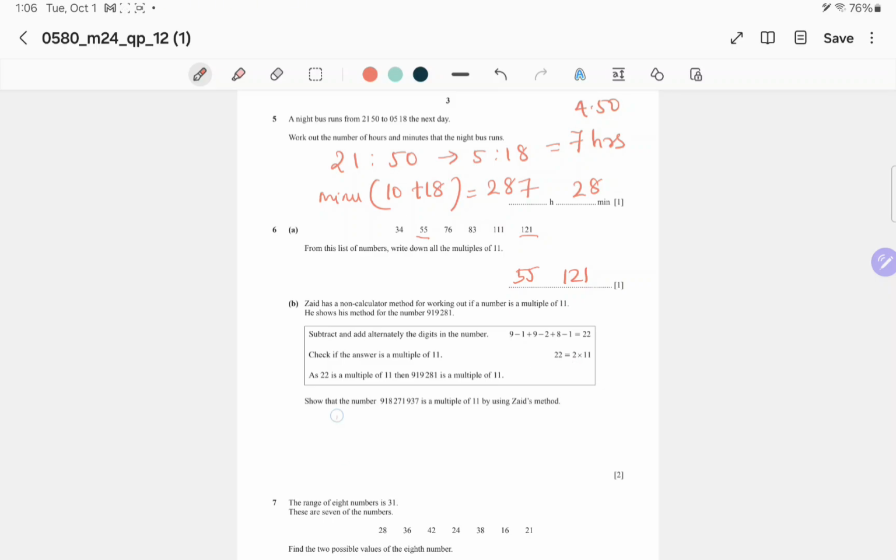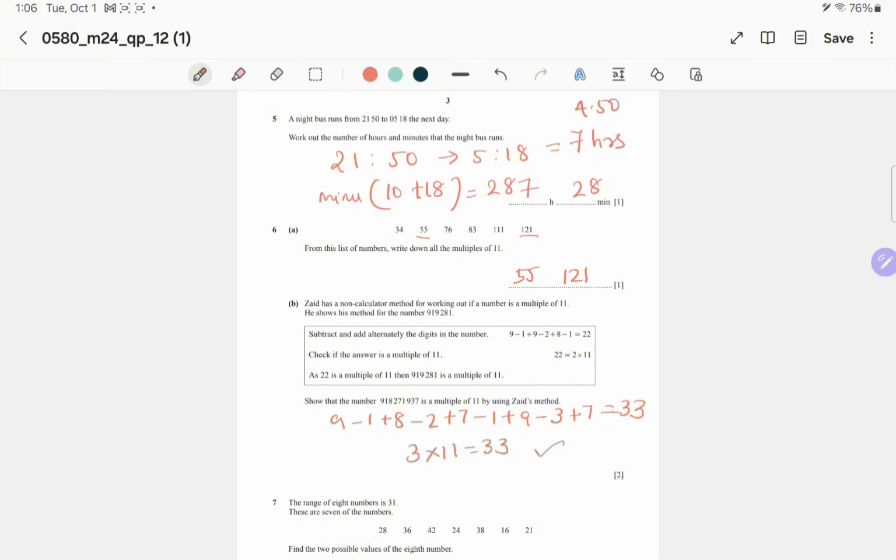So for this number, which is given at the bottom, 9 minus 1 plus 8 minus 2 plus 7 minus 1 plus 9 minus 3 plus 7, which is approximately equal to 33. Okay, so 33, 3 into 11 is 33, again a multiple of 11.